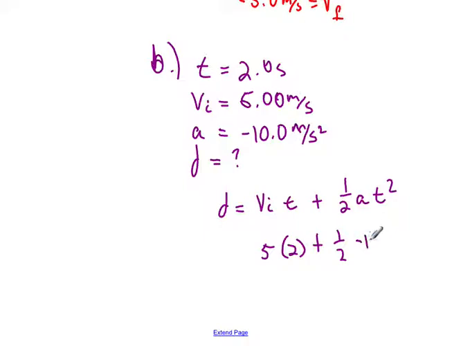Acceleration is negative 10. Time is 2 squared. So 5 times 2 is 10. This should have 3 sig figs there. 1/2 times negative 10 times 2 squared: that's 4 times 10, negative 40, divided by 2, negative 20.